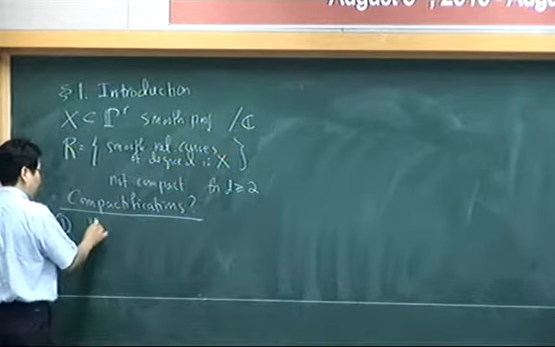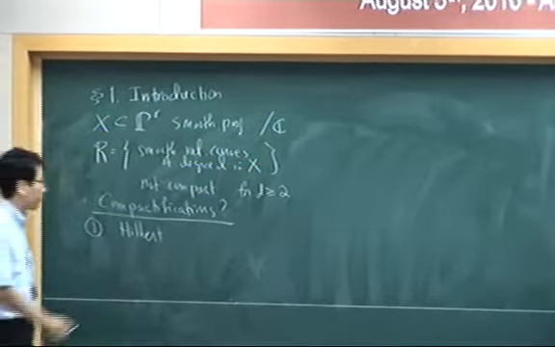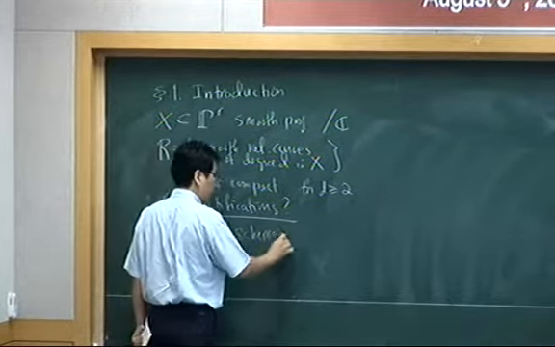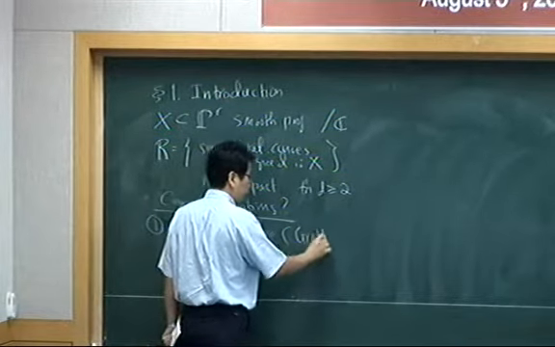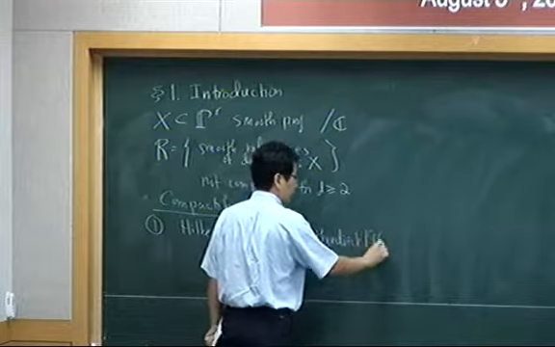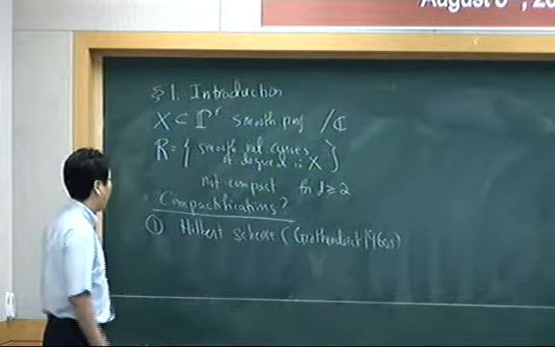First compactification, and most famous compactification, is due to Grothendieck, in the 1960s, and it's called Hilbert scheme compactification. How do I compactify this?